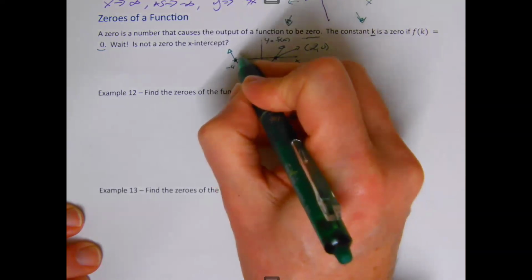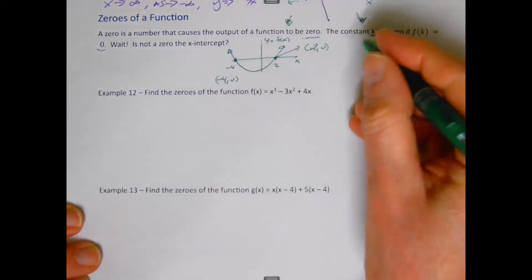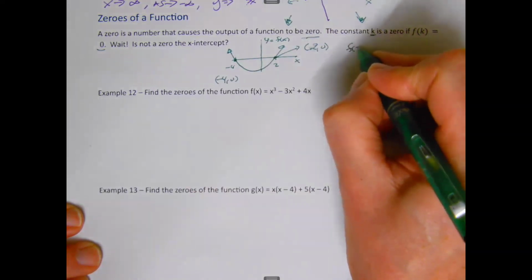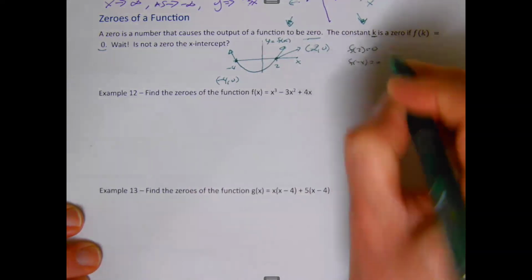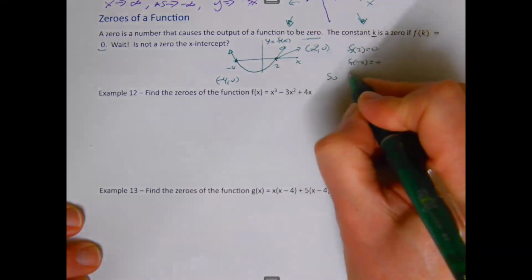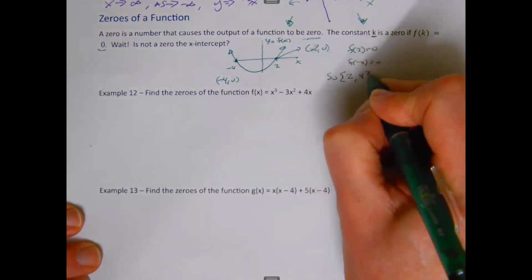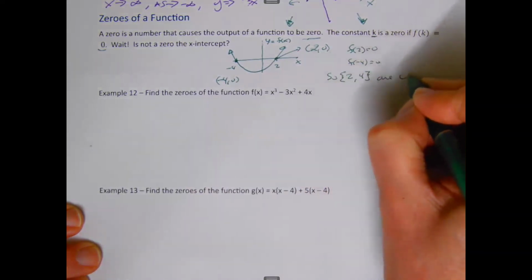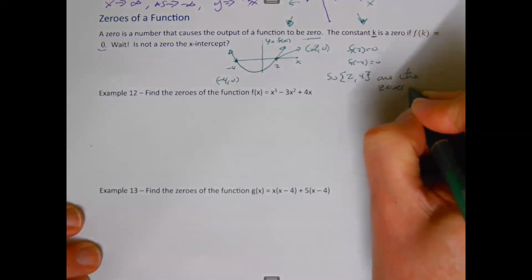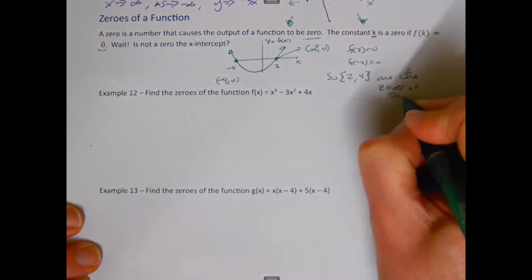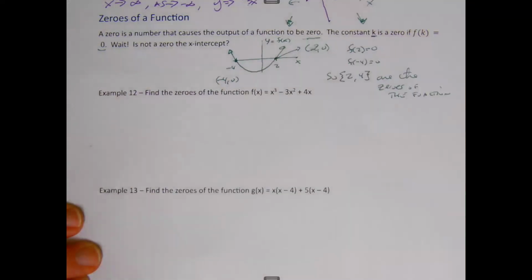And the other one here is going to be -4, 0. So what we have is f of 2 equals 0, f of -4 equals 0. So 2 and -4 are the zeros of this function. But these are not the x-intercepts.